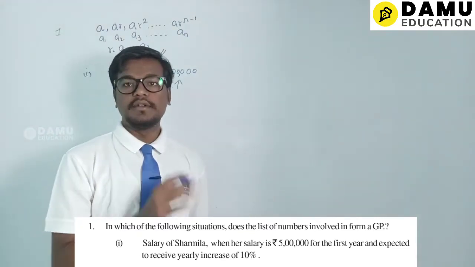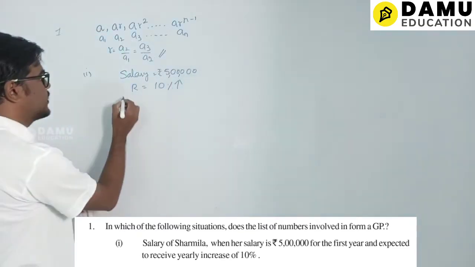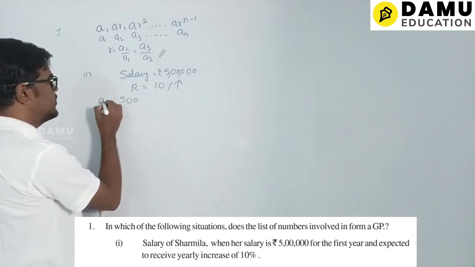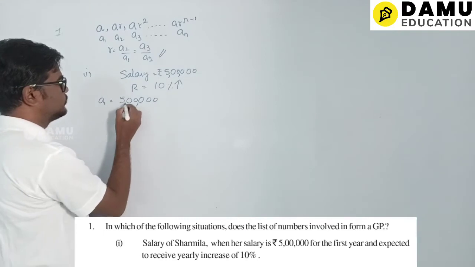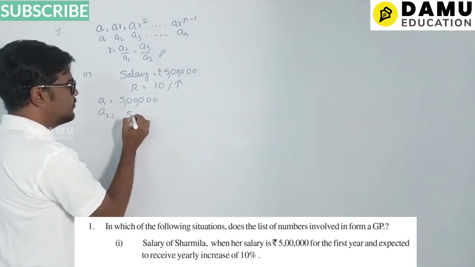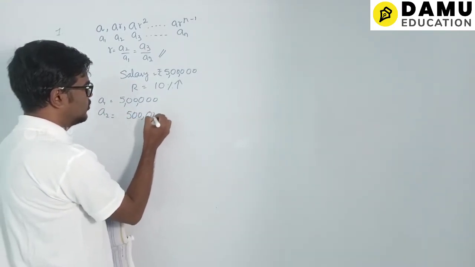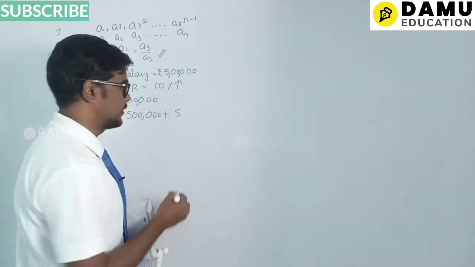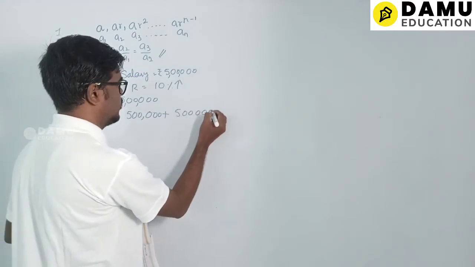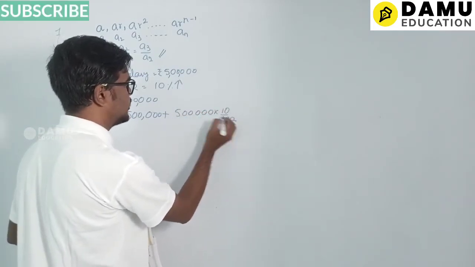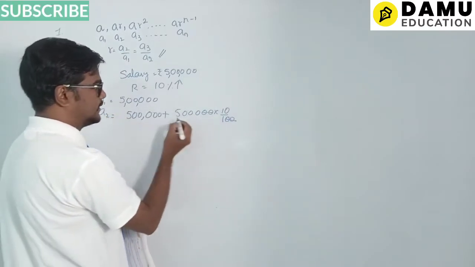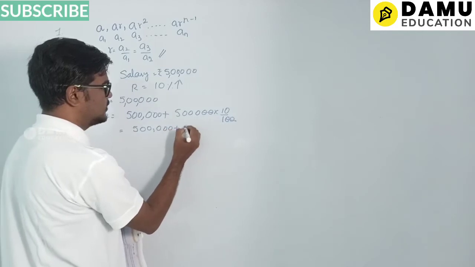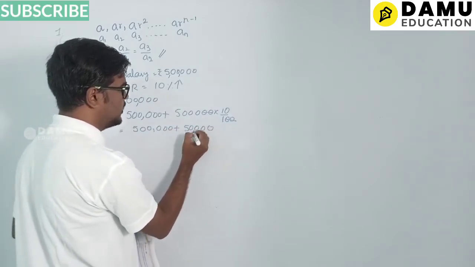So first, what is the salary here? Let's take 5 lakh rupees. This is A1, 5 lakh. Then what is A2? 5 lakh plus the increment. 10% means we have to calculate 10% of the 5 lakhs. 10% means 10 by 100, two zeros will cancel, so 5 lakh plus 50,000.